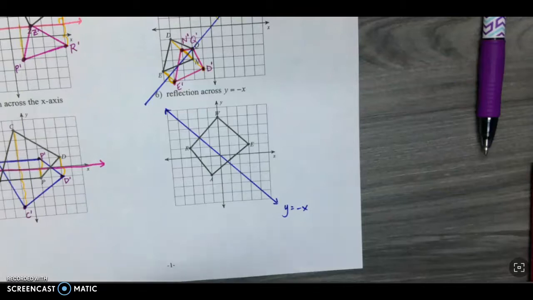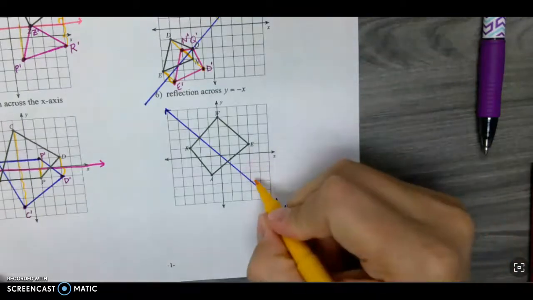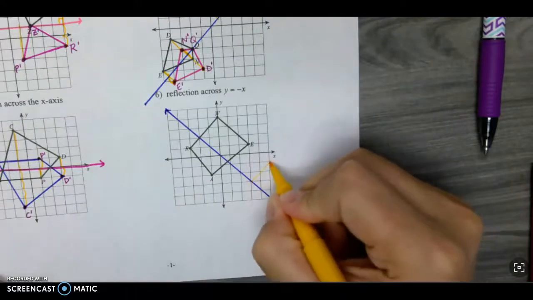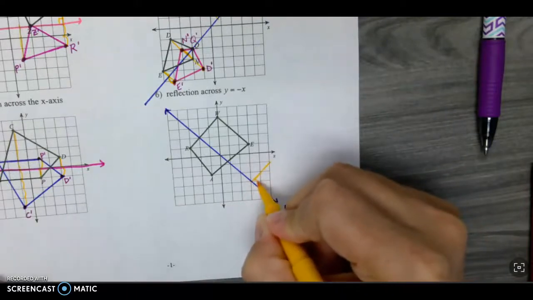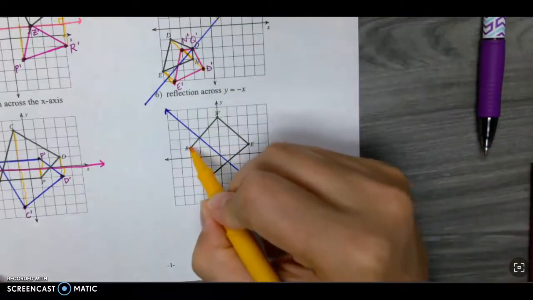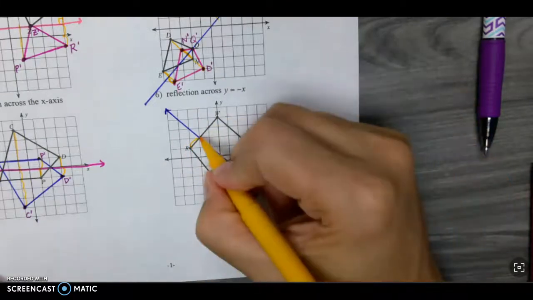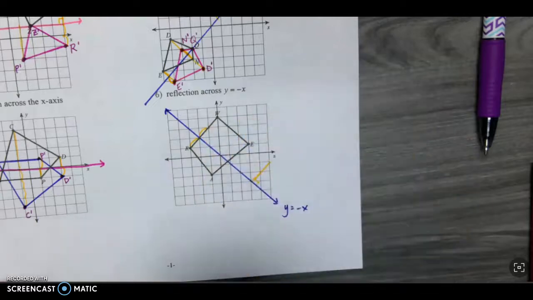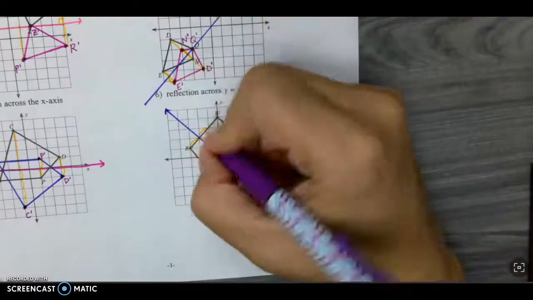And now, again, in order to find the distance to the line, we have to move perpendicular. And so we're going to be counting across boxes to get to that line. Okay. And so with R, we're one away to the left or below the line. And so I'm going to jump across one more box, and that'll give me R prime.